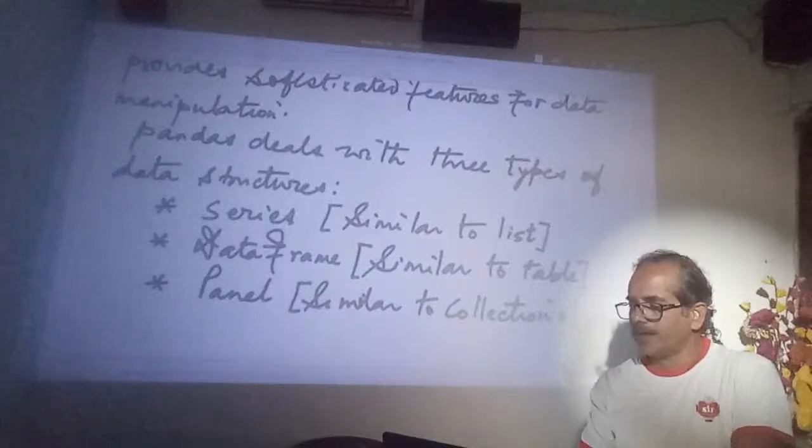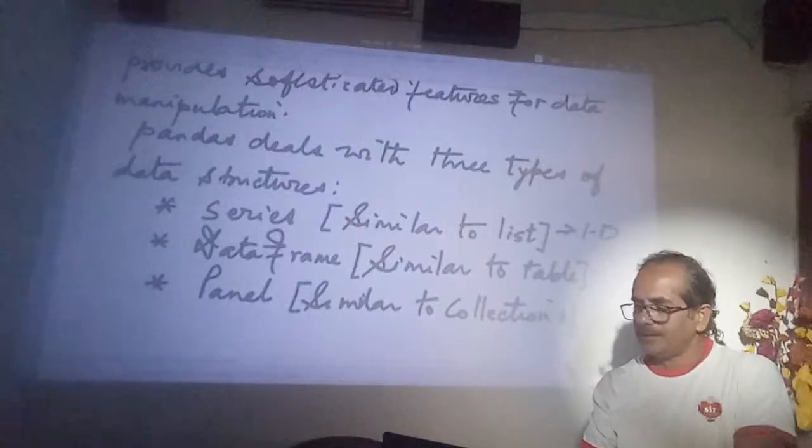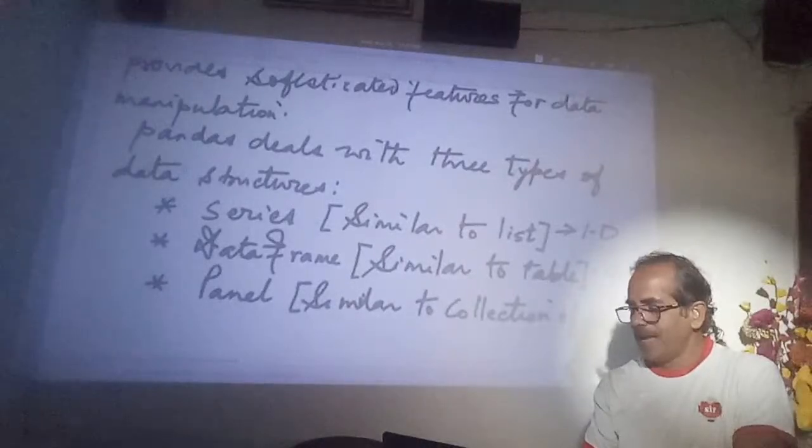Also, their dimensions are fixed. A list or series is called one dimension. A table or data frame is considered two dimension, and a panel is considered three dimension.